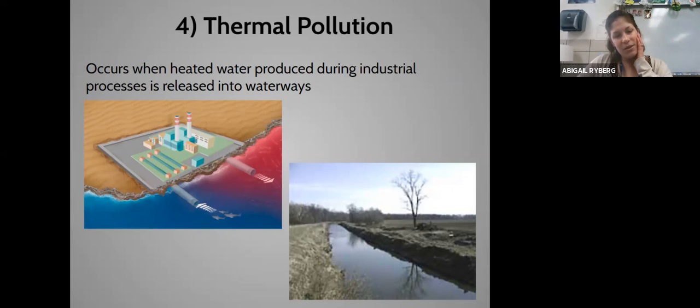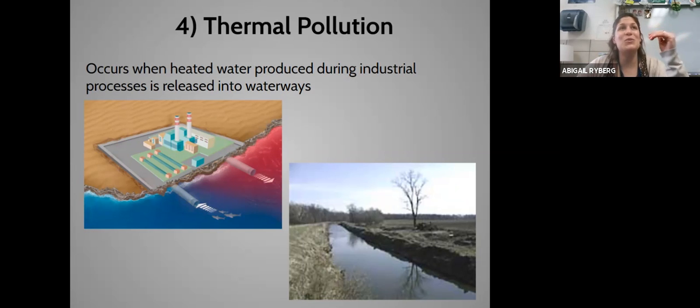So you can see right here, this factory, let's call it, is sucking up nice cool water, and it's using it in the machinery. And honestly, most of the time, it doesn't even absorb chemicals. It's just literally cooling material, and then it gets spit out down here a little bit downriver.